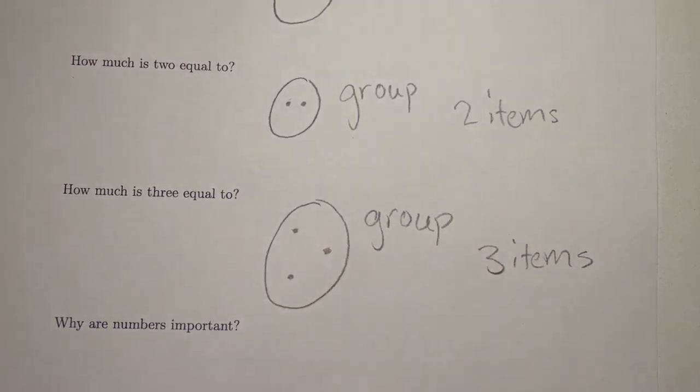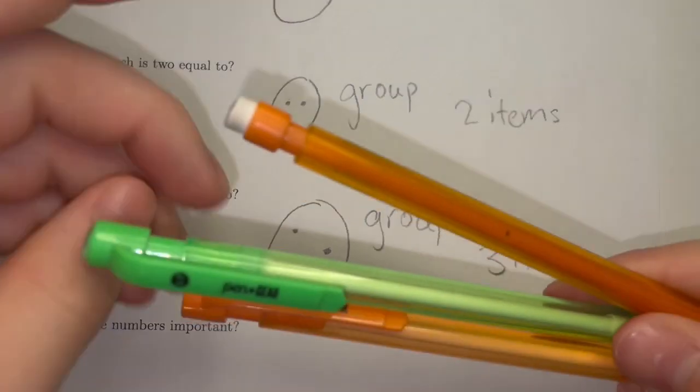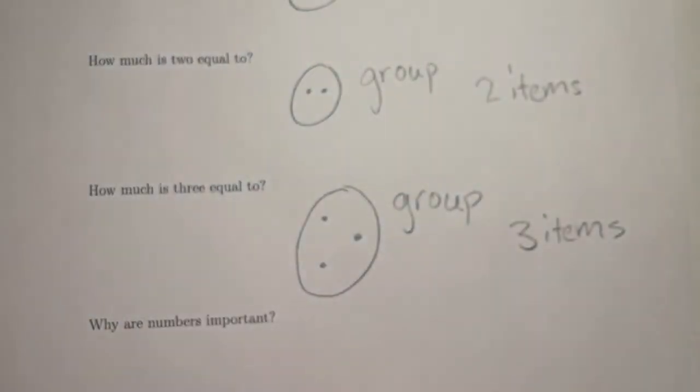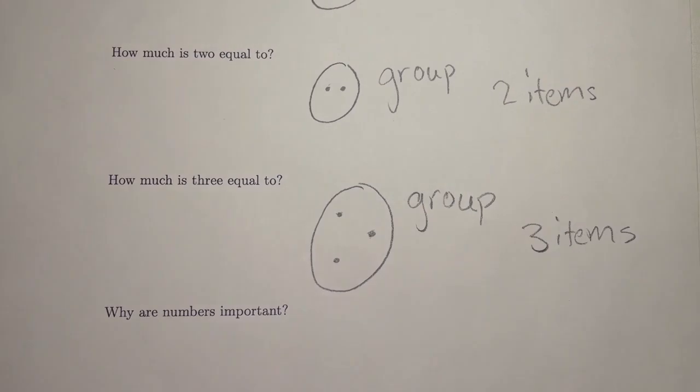And again, if we use our pencil analogy, we have 3 pencils. We can have 3 pens. We can have 3 erasers, 3 folders, 3 books, 3 notebooks, 3 friends.